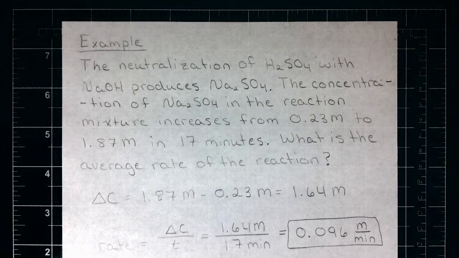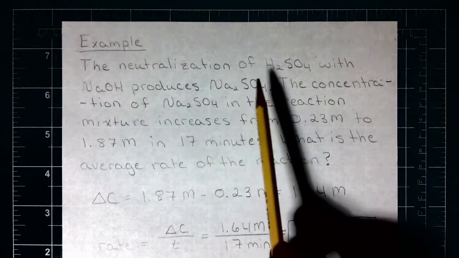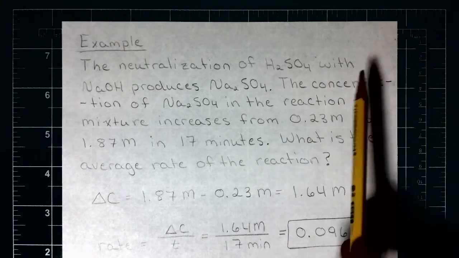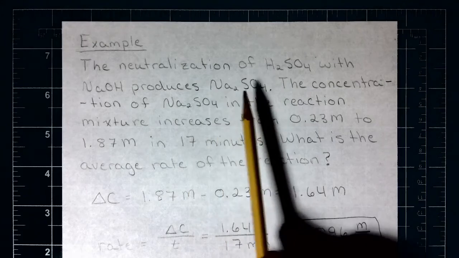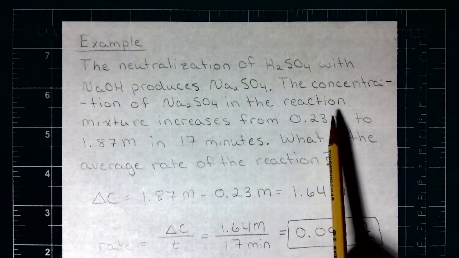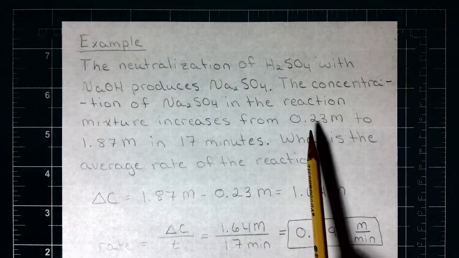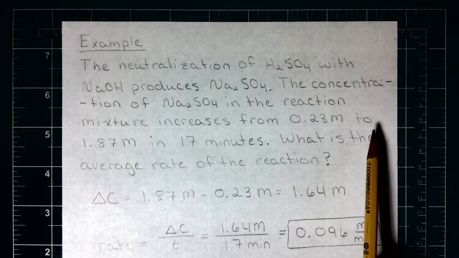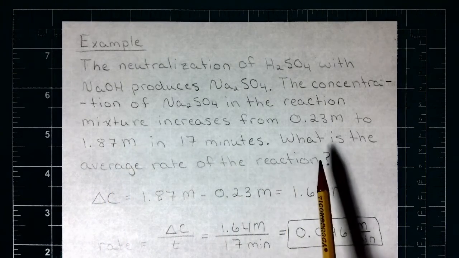So let's take a look at an example where we can calculate the average rate of a reaction. The neutralization of sulfuric acid with sodium hydroxide produces sodium sulfate. The concentration of sodium sulfite in the reaction mixture increases from 0.23 molar to 0.87 molar in 17 minutes.